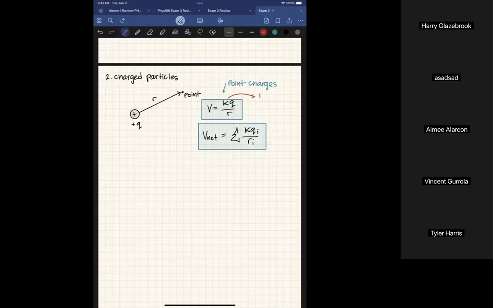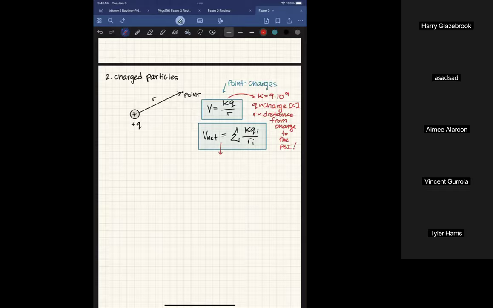K is the Coulomb constant. It's our 9 times 10 to the 9. Q is going to be our charge in coulombs. And R, very especially, is going to be the distance from charge to the point of interest.